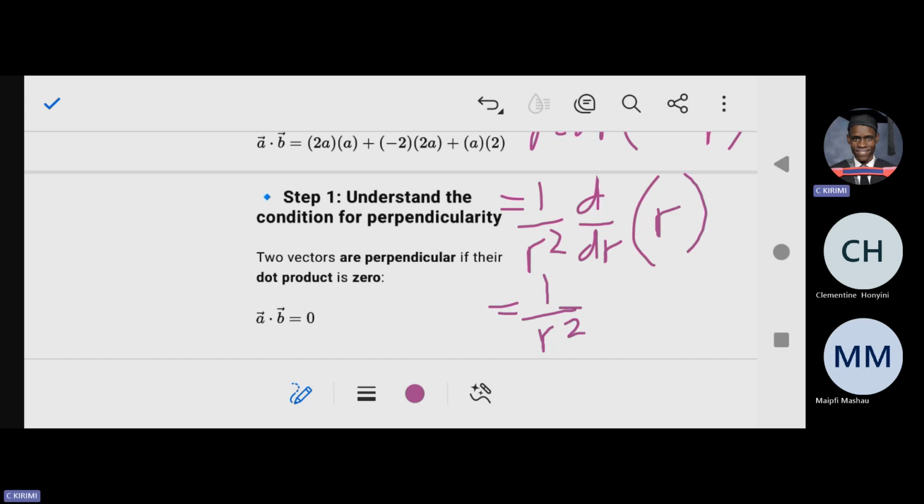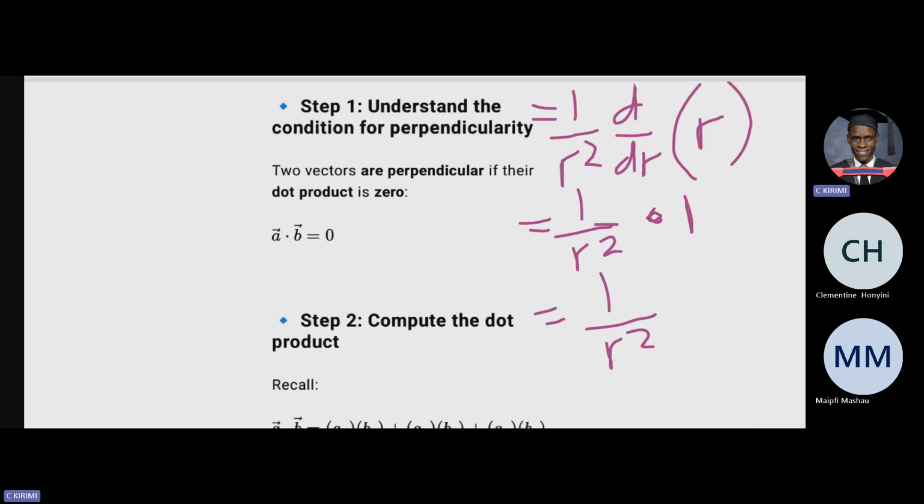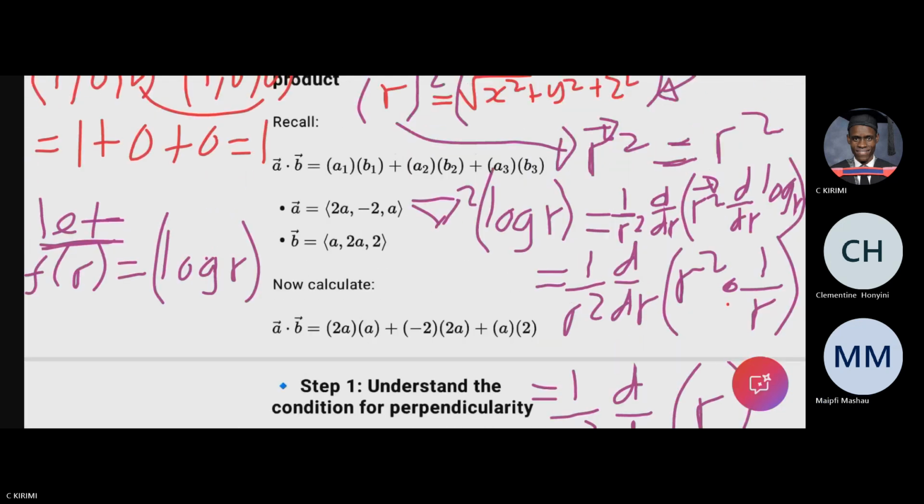What is d/dr of r? It's 1. That's the one we were debating about yesterday. So then it equals 1 over r squared. So that is it now, class.